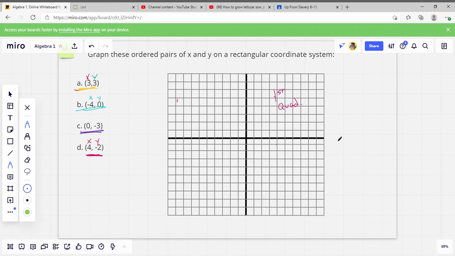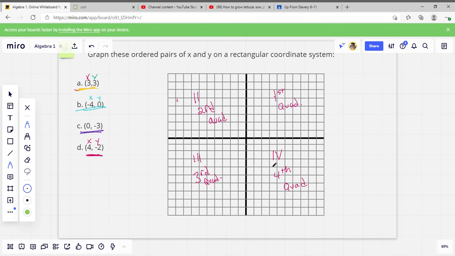And back here is 2 or second quadrant. And then our third, 1, 2, 3. And then our fourth, 1, 2, 3, 4. Wait, it's got to be Roman numerals. That is our fourth quadrant.